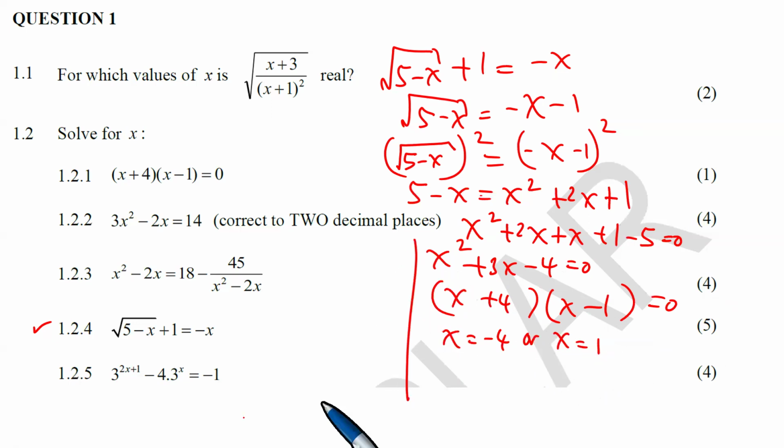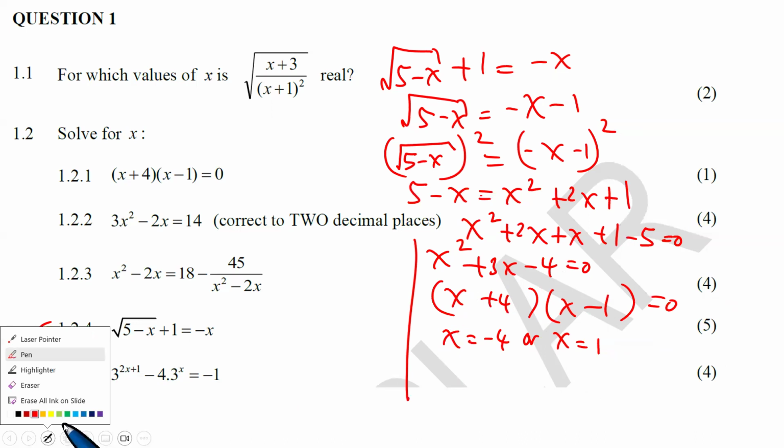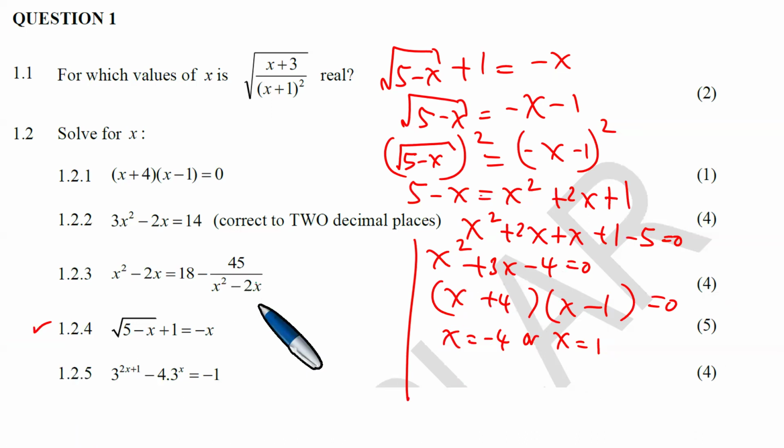Okay, I want to mention something in passing here, but something very pivotal in the way we do factorizations. If you have x squared plus 3x minus 4 equals 0, there are a couple of things that remain important for us. What are they? Right, first we multiply x squared with minus 4, and we get minus 4x squared.